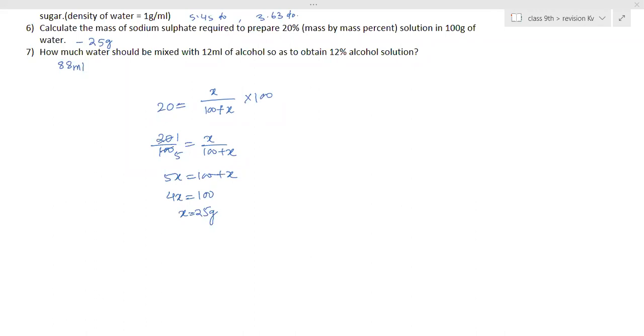Fog and smoke are both colloids. Ma'am, smoke doesn't contain water. No. Smoke contains soot particles, which are solid, and air is a gas. And fog is water in gas.